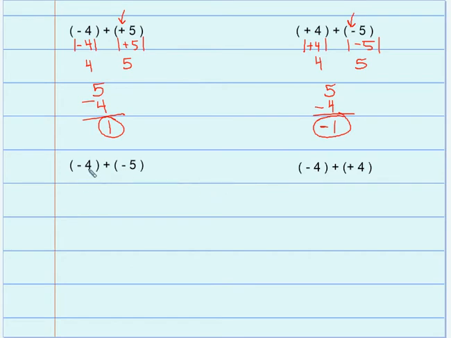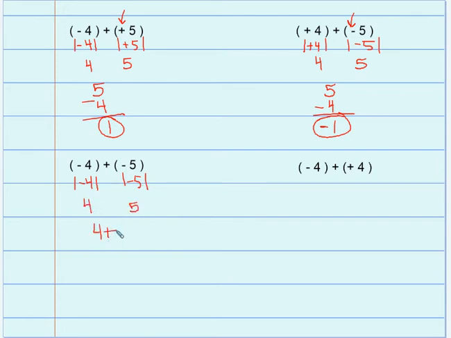Down on the left we have -4 plus -5. Again, I am adding, and I am adding the same sign. So when they are the same, we're going to find the absolute value, and then we are going to add them.